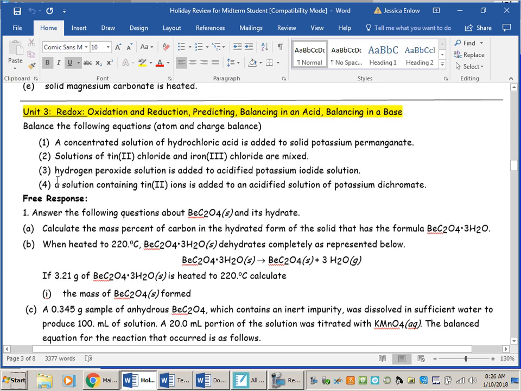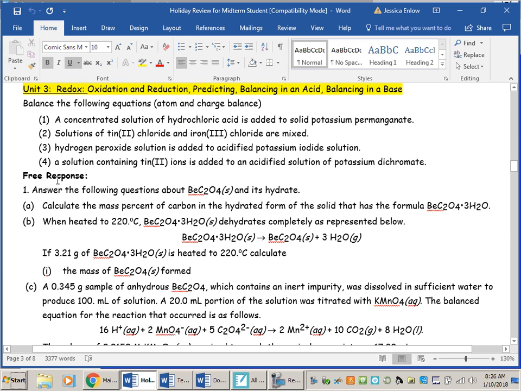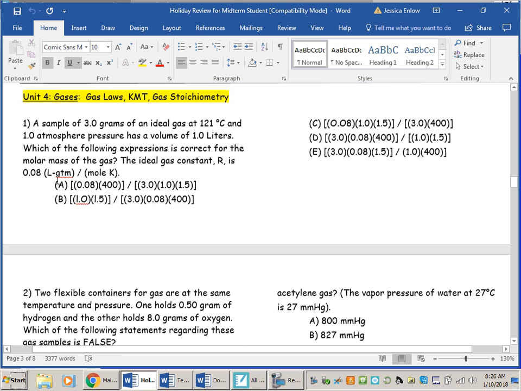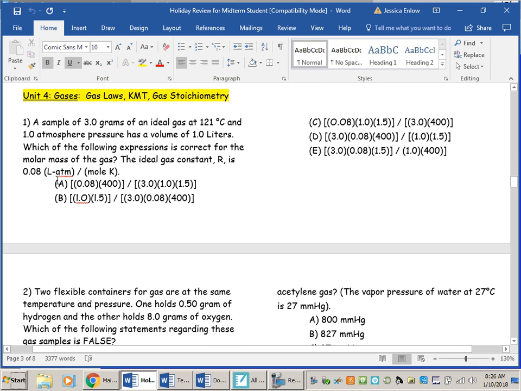So I'm skipping 3 for a second because there's no true multiple choice. It's all balance, balance, balance. So let me go down to 4. Look at 4 for a second so you can remind yourself where you are.